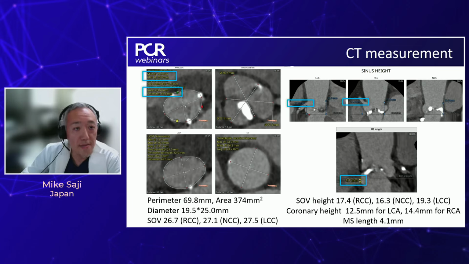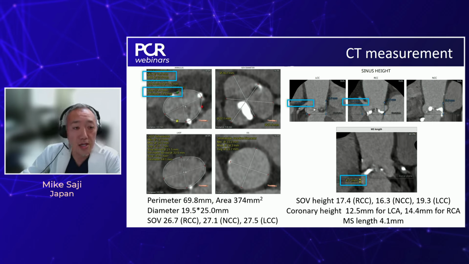And if you see the CT measurement, the perimeter is 69.8, and the area was 374 millimeter square. And the minimum diameter is 19.5 and maximum diameter 25.0. And the sinus of Valsalva width ranges from 26.7 to 27.5, a relatively small sinus, I think.